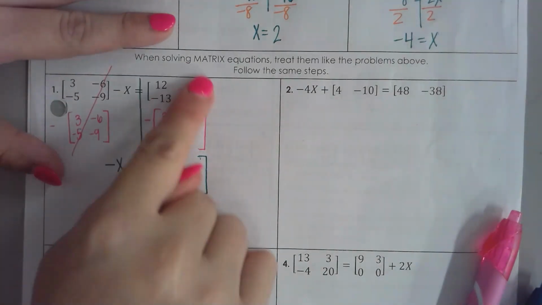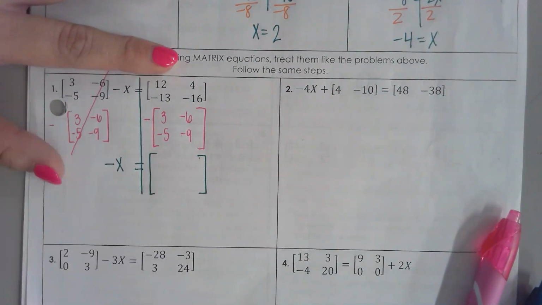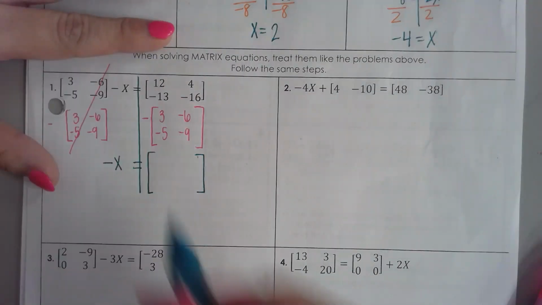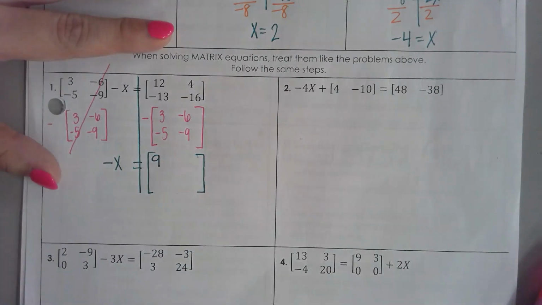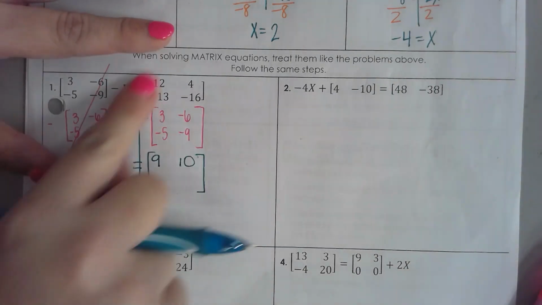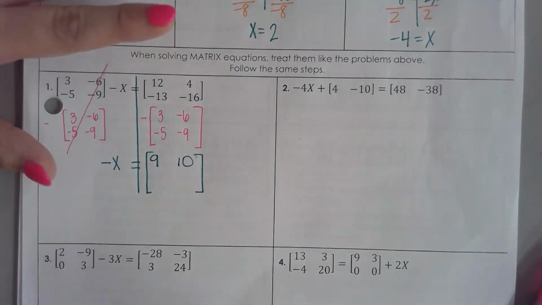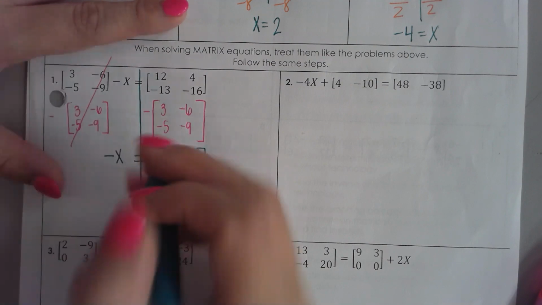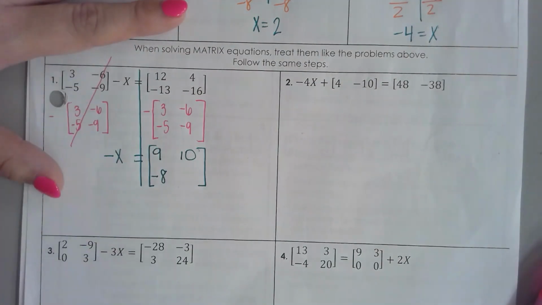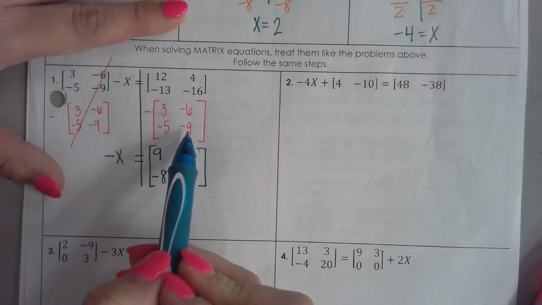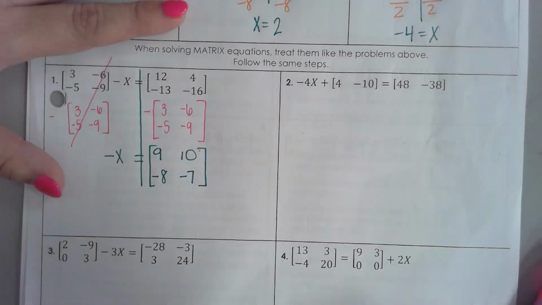So I'm going to take this top matrix minus the other, or minus -6. Now you could type that in your calculator, but if you can add and subtract, it'd be a lot faster to do it in your head. -13 minus -5 is -8, and -16 minus -9 is -7.